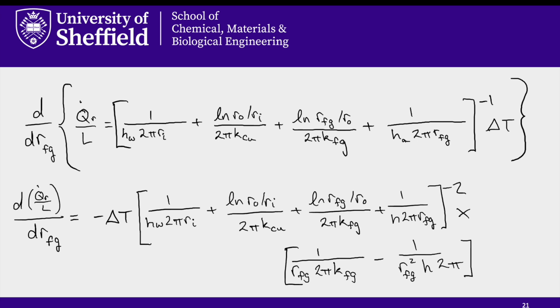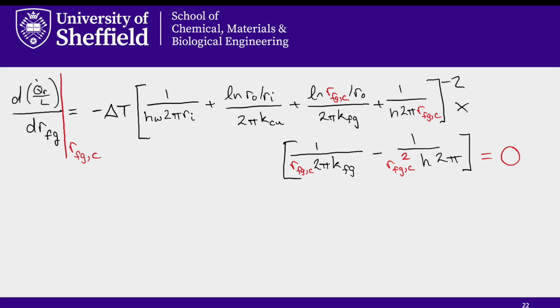And so you can see that the R outer term goes away because it doesn't contain a fiberglass radius variable. So we get one derivative term from the logarithmic term, and from the last term, our convective term in air, we also have the radius of fiberglass raised to the power -1. So we multiply by -1, raise it to the power -2, and that's our derivative.